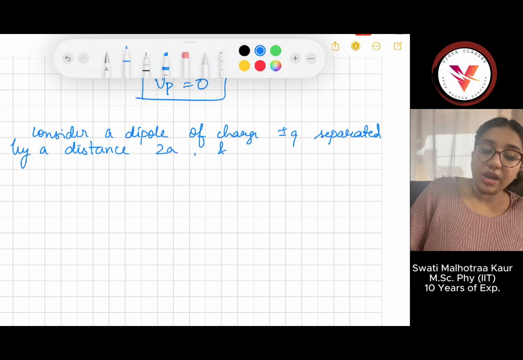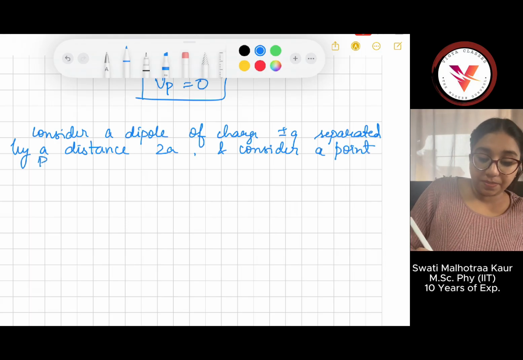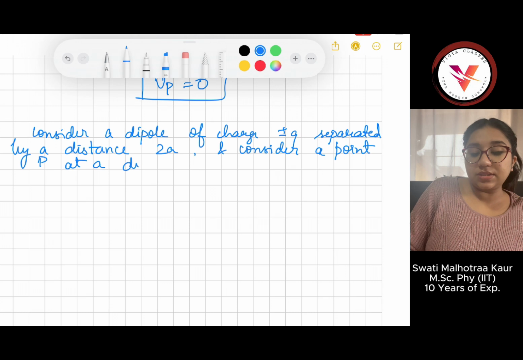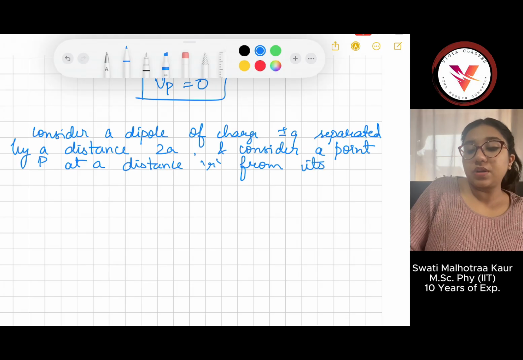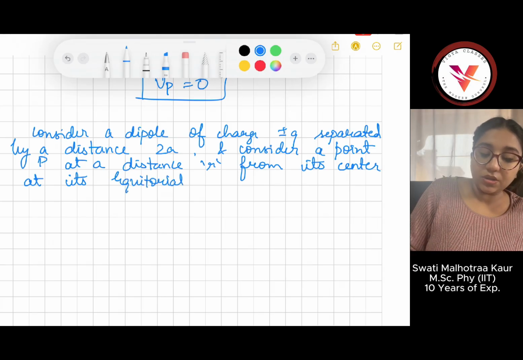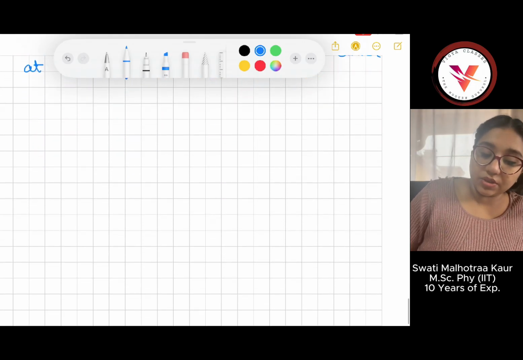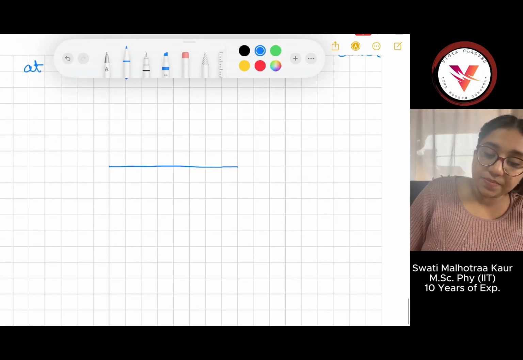And consider a point P at a distance r from its center, at its equatorial point. For that we can draw a diagram.